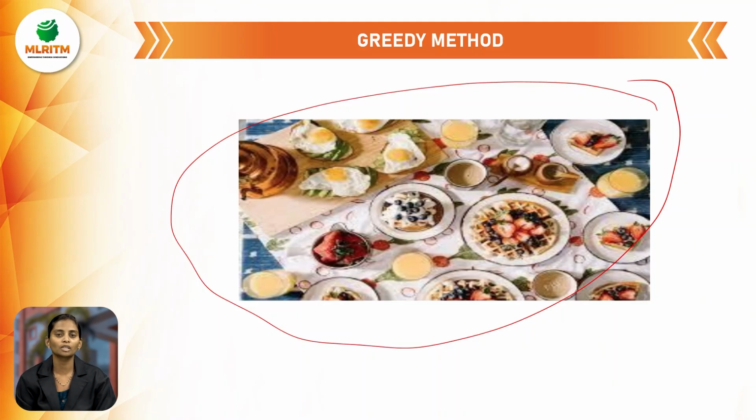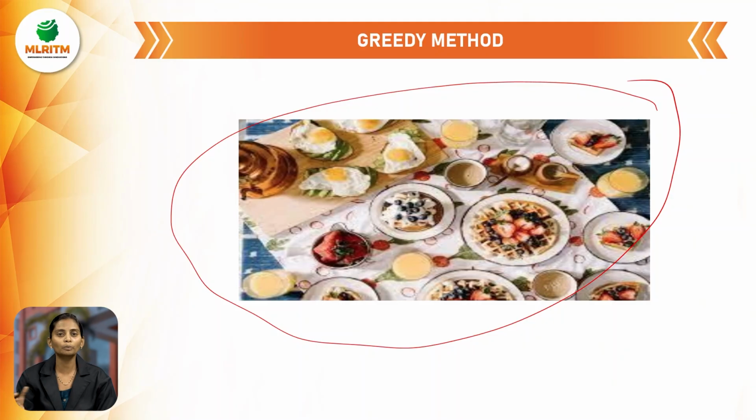Whenever we are going for any kind of function or dinner function, or going to some friend's home, they will cook different items, so we can see a lot of food items. In a buffet system, only those items which the user selects are placed in his or her plate.